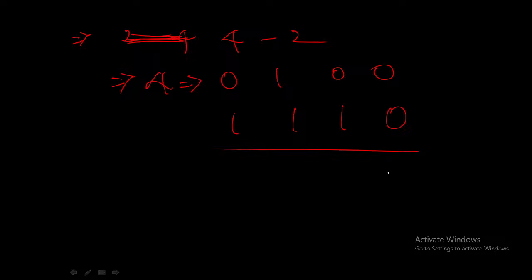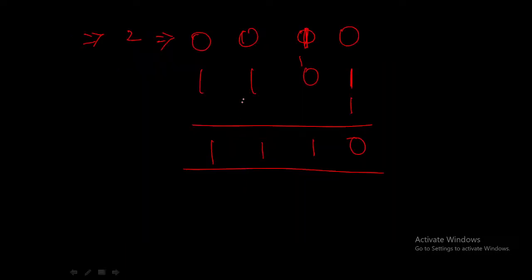Then what will be the answer? 0 1 1 1 0 1 1 1 0 1. Okay, next we are getting a carry here. So that carry we are carry forwarding here. So here we are representing 2, that is 0010, which is nothing but 1101, and we are adding 1, we will get 1110.